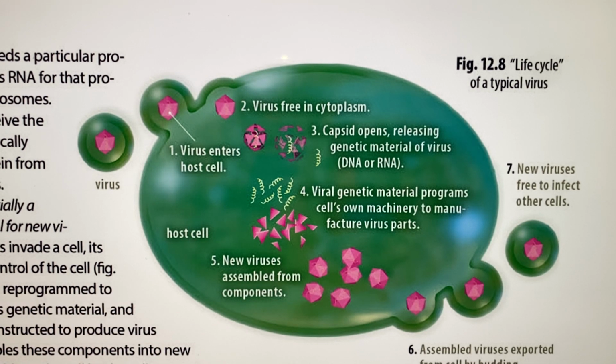Then over here, number 6, the assembled viruses are exported from the cell by budding. So they come out of the cell, and then new viruses are free to infect other cells. Wow, quite a deal. So you see how a virus reproduces.